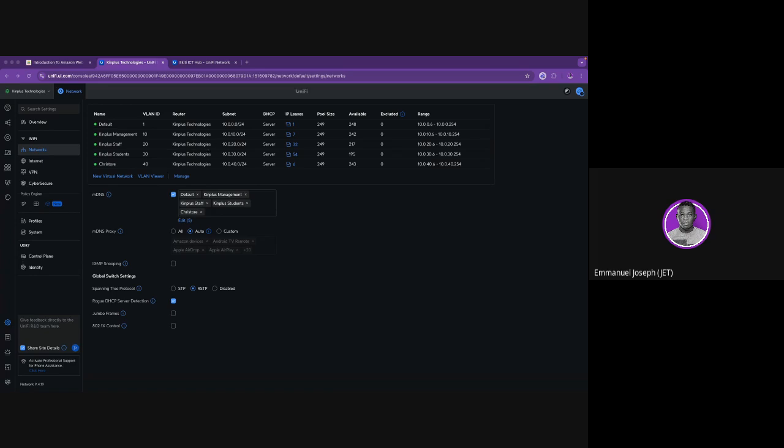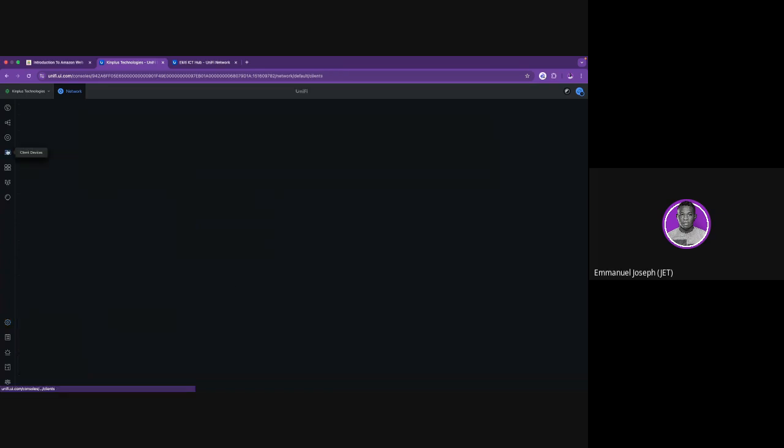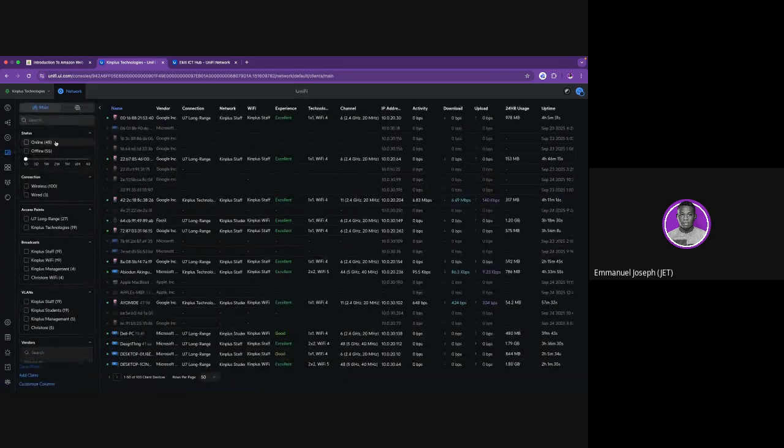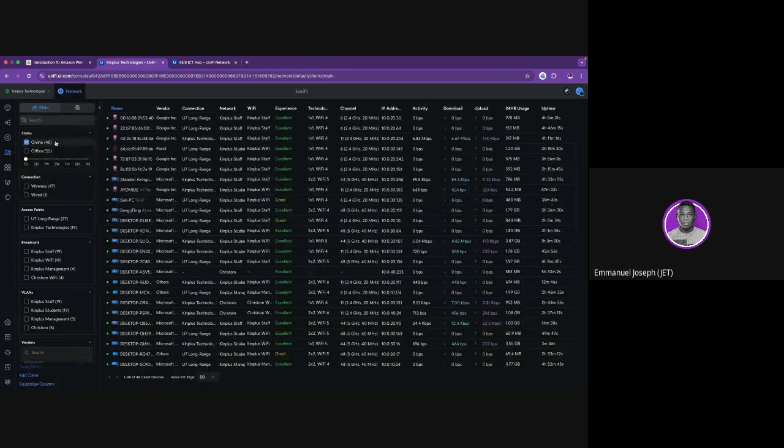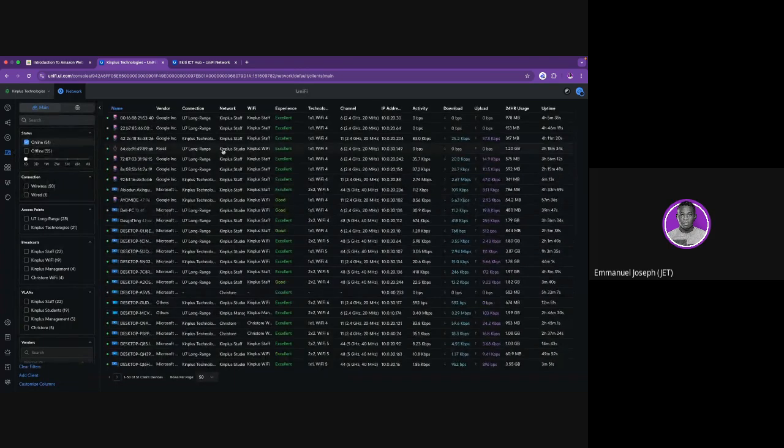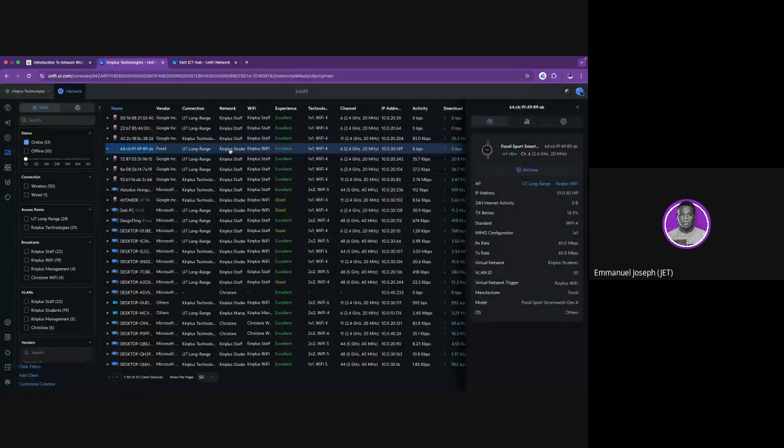And we can see that in action if we go to devices. If we go to devices, let me just filter with people online. Okay, good. Now, let's use this person, for example. This person is on the student network. If we look at the IP that is assigned to this person, the IP address is 10.0.30.149, which falls under the network of the student.